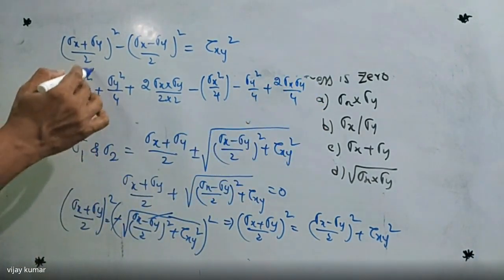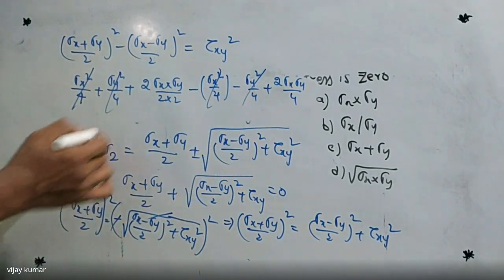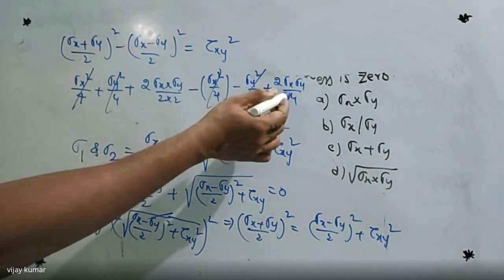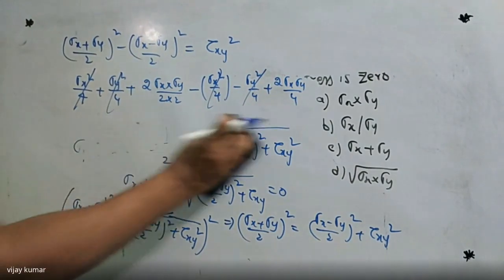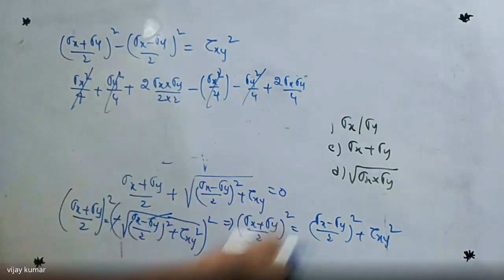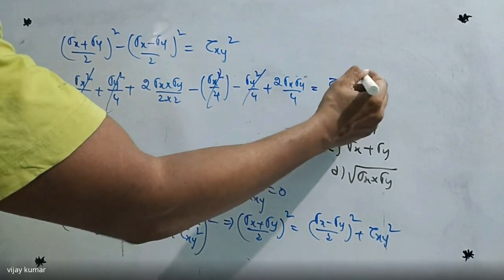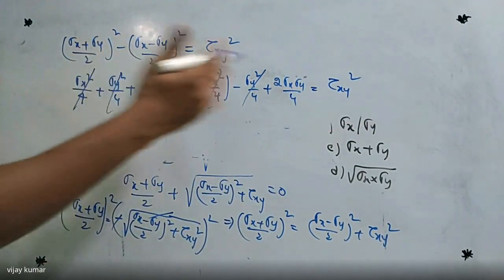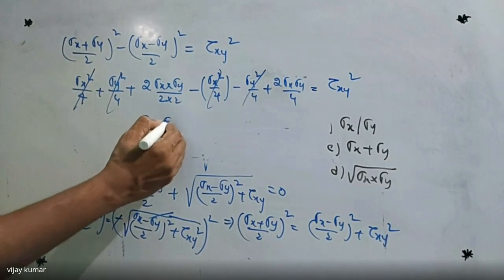So these terms all get cancelled. So take the 4 LCM. Then we are getting the value like this, that is equal to tau xy square. If you expand this one, then we get sigma x into sigma y.